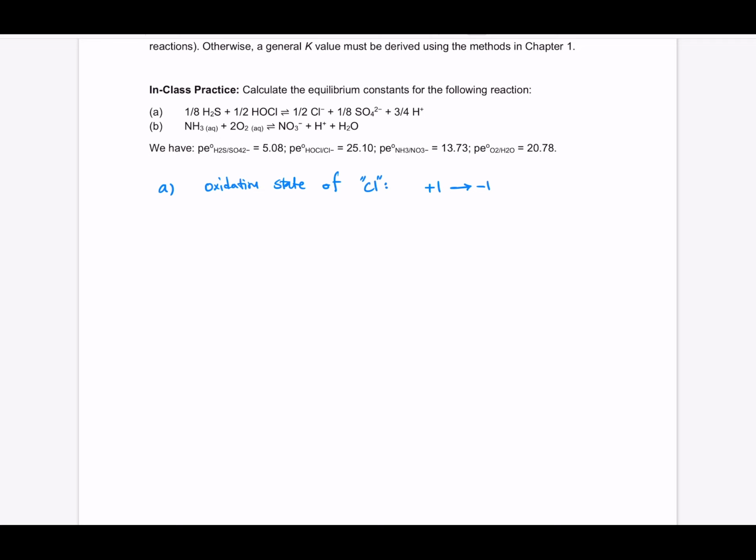So that means the oxidation reaction involves the other two pairs. So we got H2S on one hand, and then we have SO4 2- on the other hand.